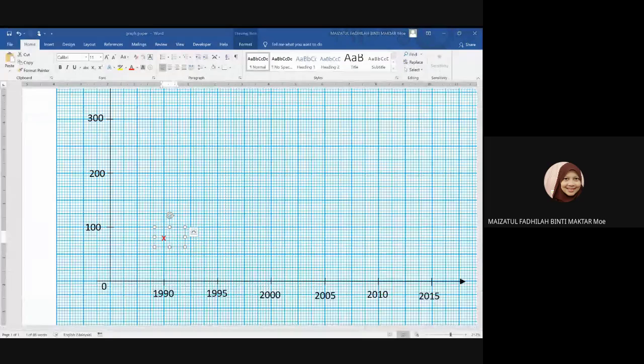Then continue with the next one. Alright, 1995, 100. So go to 1995, 100 here. So please, be very careful with this one. Continue with 2000. 2000 is 120. Right, so calculate carefully. This is 100, 101, 102.